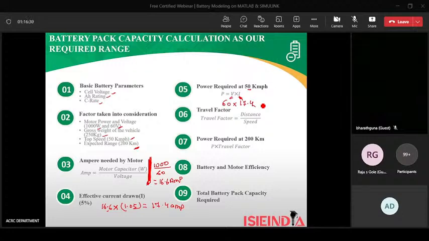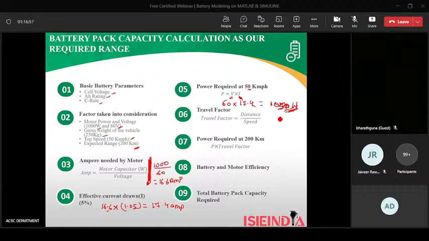So it will be near about 1044, so 1040 or 1050 as you will. So my power requirement here is 1050 watt.